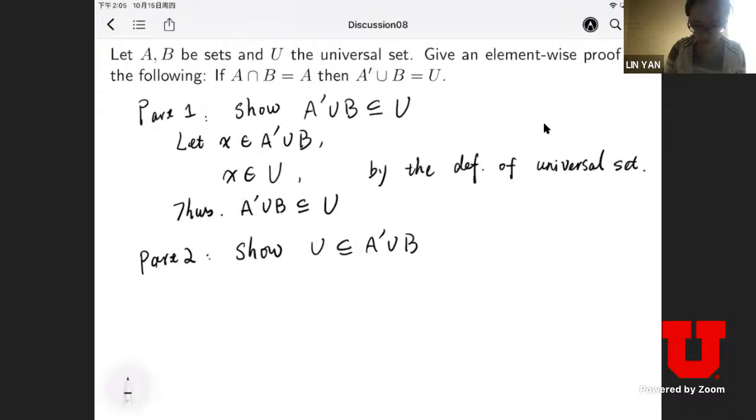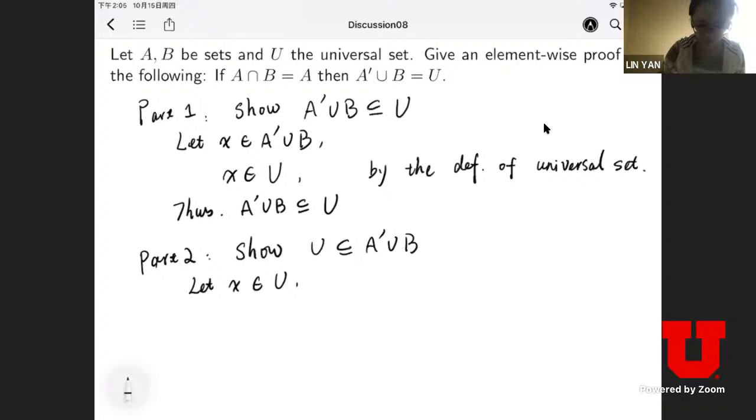In the second part, we still need to choose an element from the left-hand side. So we can let X be an element of the universal set, and we need to prove this element is also an element of A complement union B. In this one, we can divide it into 2 cases.